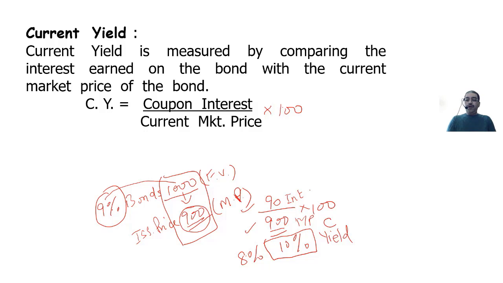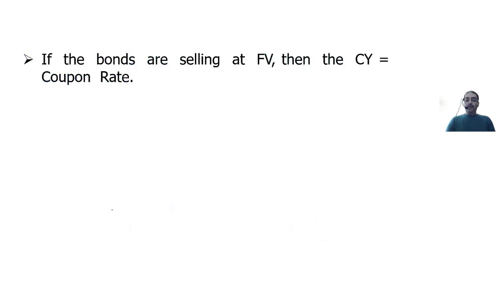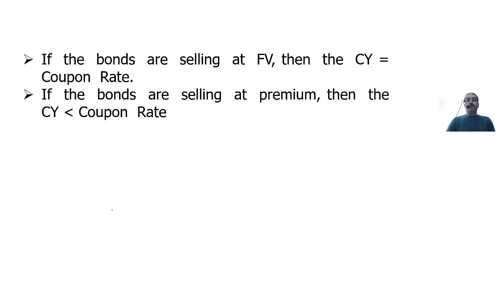Have you followed? Now you can write down these points. First point, write it down. It's not there in the book. I want you to write it down. If bonds are selling at face value, FV is face value, not future value, then the current yield is equal to the coupon rate.